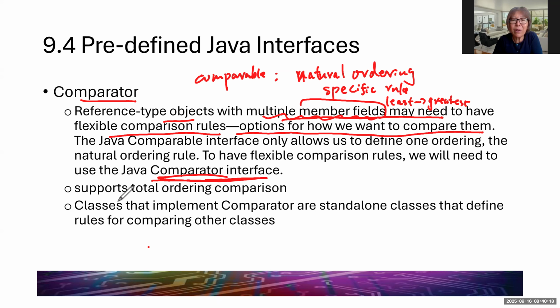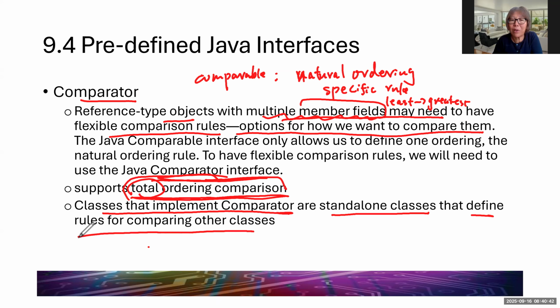The Comparator interface supports what we call total ordering comparison. So it's not natural ordering, it's total ordering, so keep that in mind. Also, classes that implement a Comparator are standalone classes that just define the rule for comparing other classes.